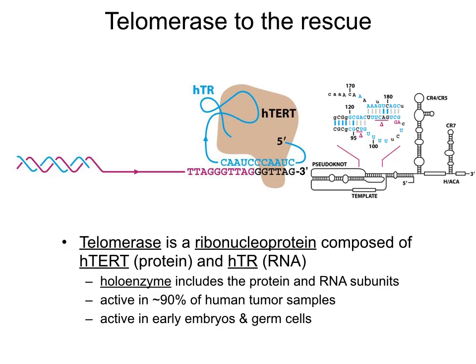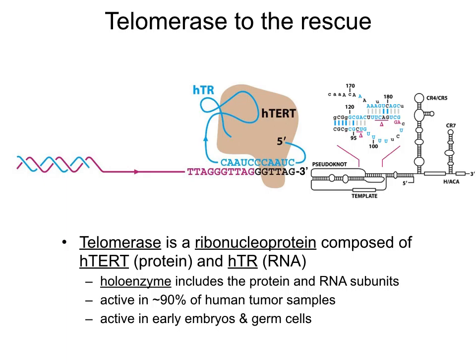On the flip side, germ cells, which are the cells that give rise to eggs and sperm, and stem cells actually do have telomerase activity. They do express both TERT and TR. So if we think of cancers as perhaps proliferative diseases of stem cells, it might make sense that cancers are very likely to have telomerase expression if indeed they are derived from stem cells.